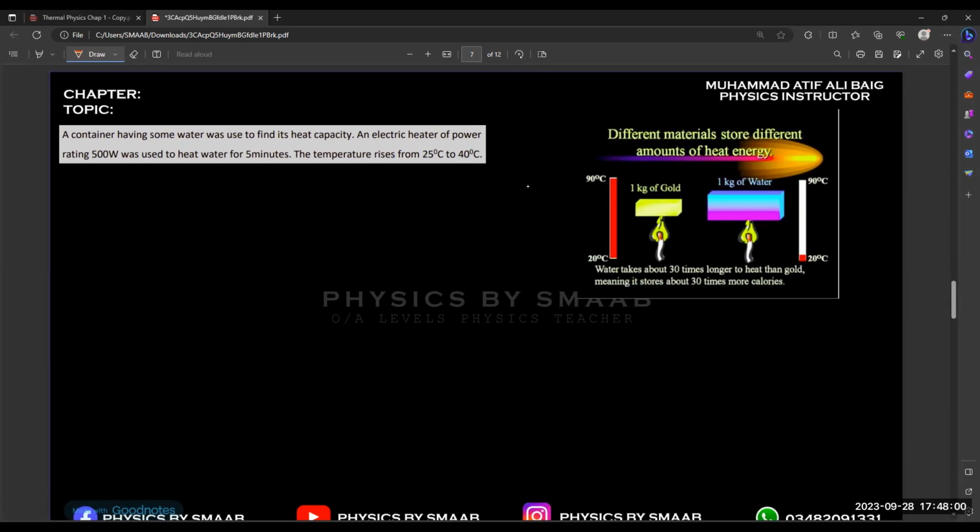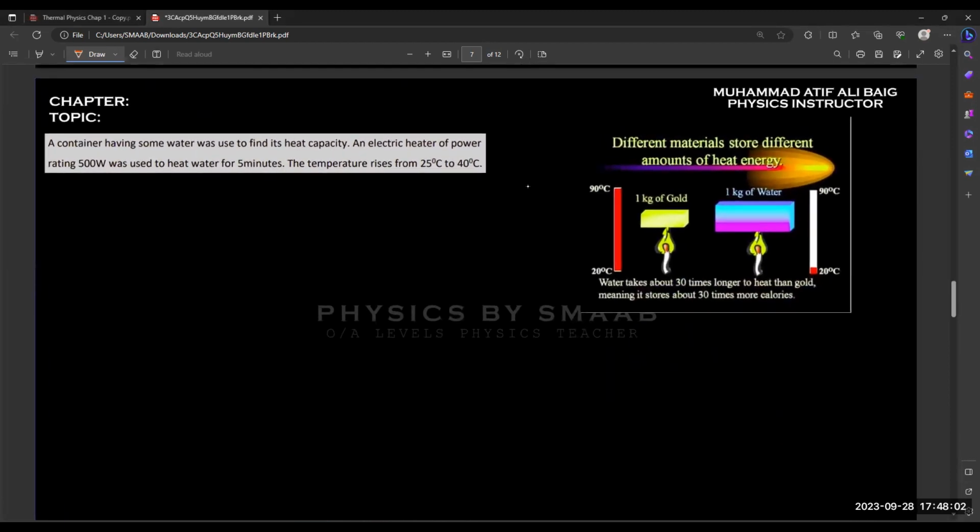There is one more question. A container having some water was used to find its heat capacity. An electric heater of power rating 500 watt was used to heat the water for 5 minutes.